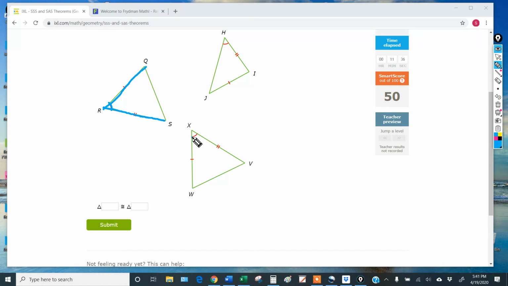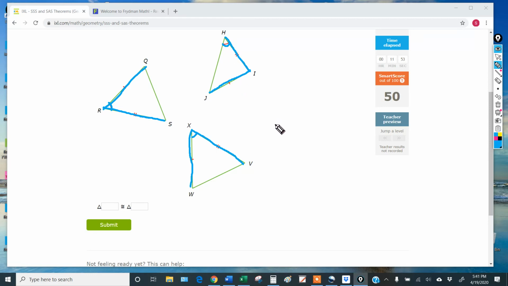Same as over here. This angle is between this side, side 1, and side 2. But in this triangle, the angle is not between side 1 and side 2.